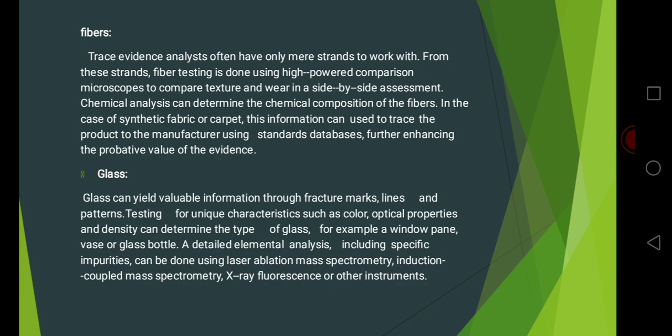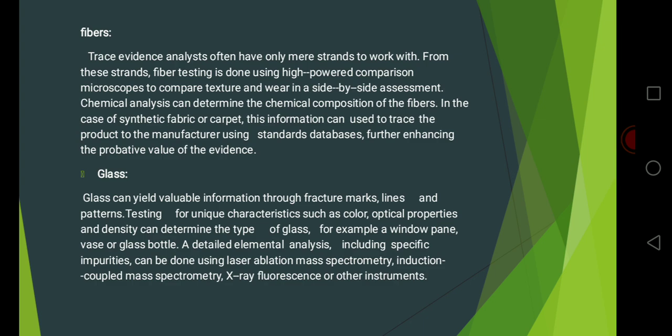Next is glass. Glass can yield valuable information through fractures, marks, lines, and patterns. Testing for unique characteristics such as color, optical properties, and density can determine the type of glass, for example, a window pane, vase, or glass bottle.